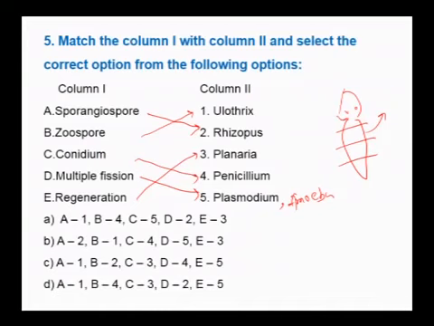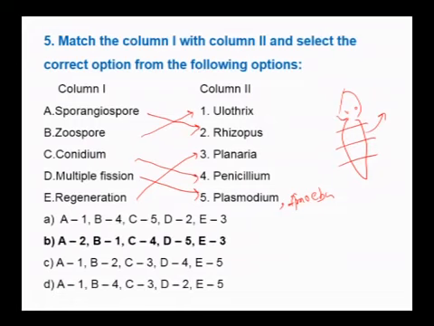So when a cut part develops into a complete organism, we call it morphallaxis. Suppose only the lost part is regenerated, it is called epimorphosis. Epimorphosis is a condition where the lost part is regenerated. Morphallaxis is a condition where the fragment will develop into a complete organism. Therefore, for this question, the answer is B.